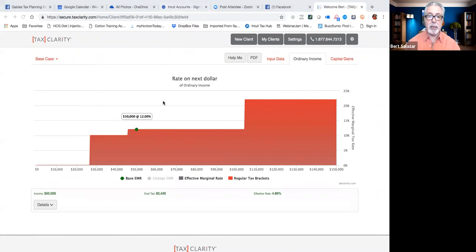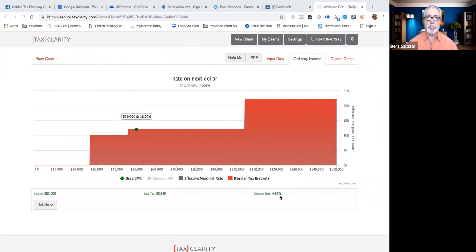If you notice here, they have $50,000 of income. They are in the 12% marginal tax bracket. Notice at the bottom that on $50,000 of income, they have a total tax liability of $2,430 for 2018, and an effective tax rate of 4.86%.